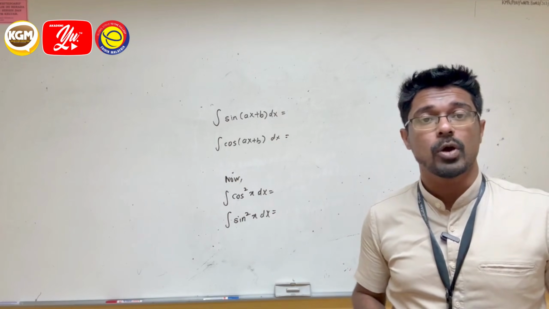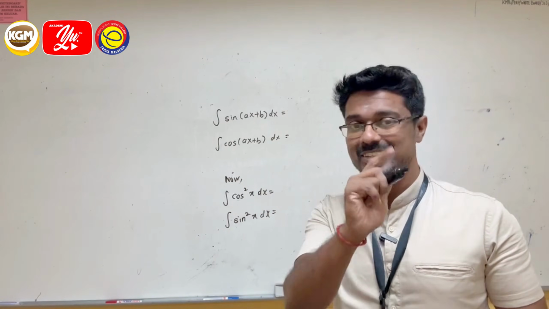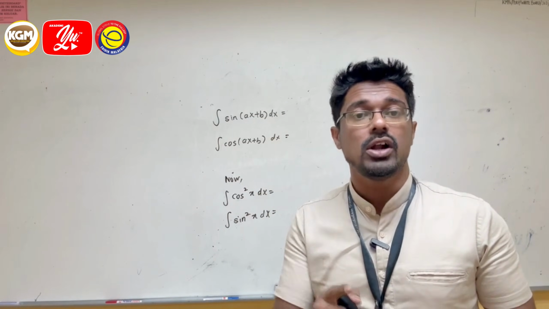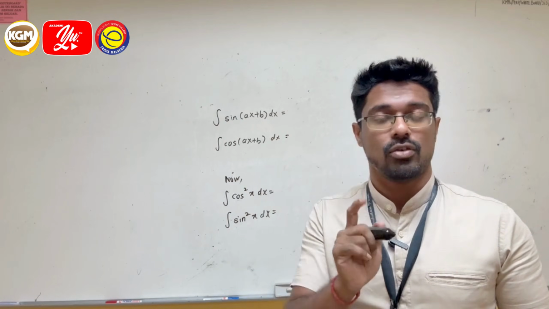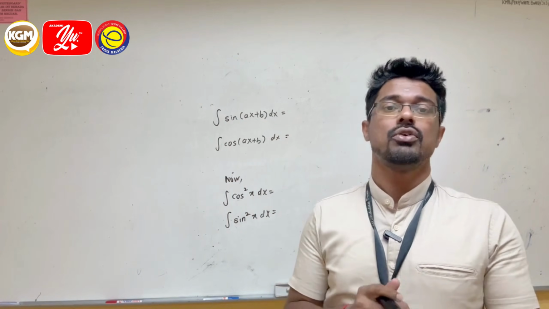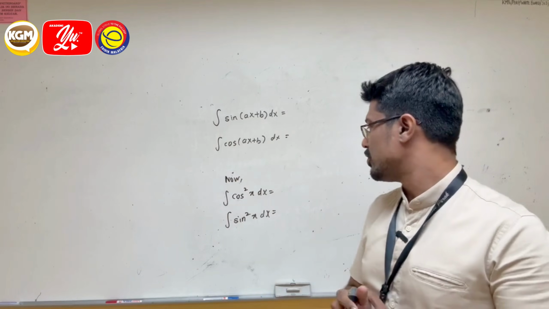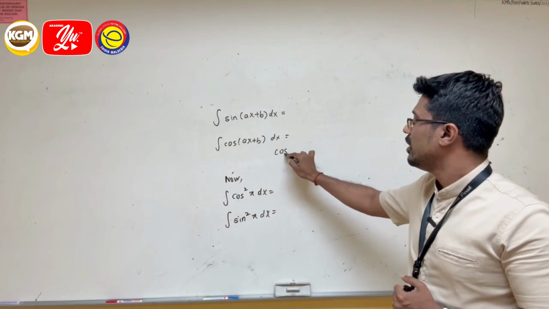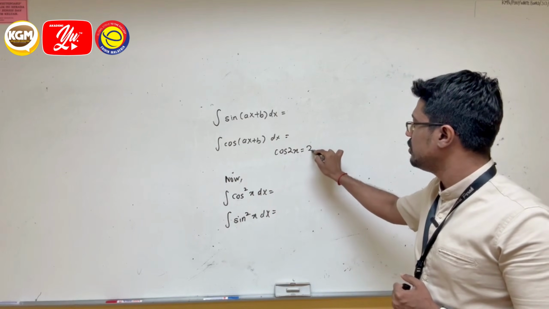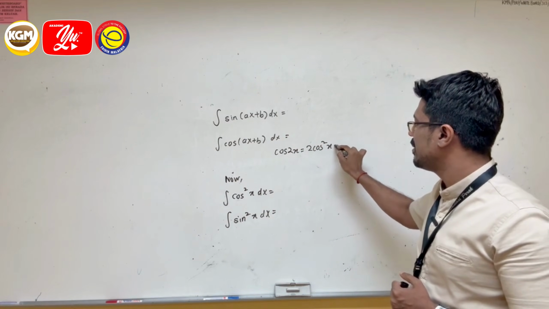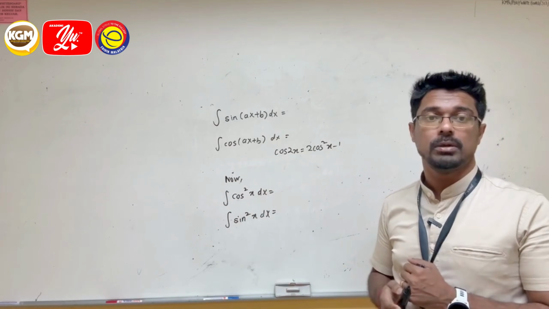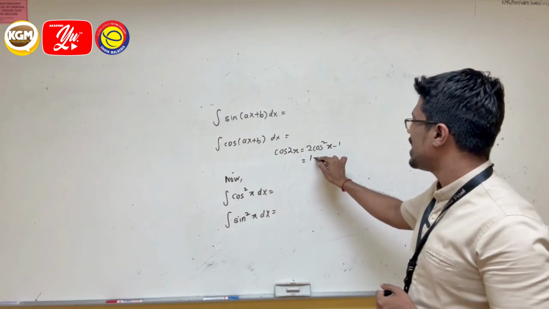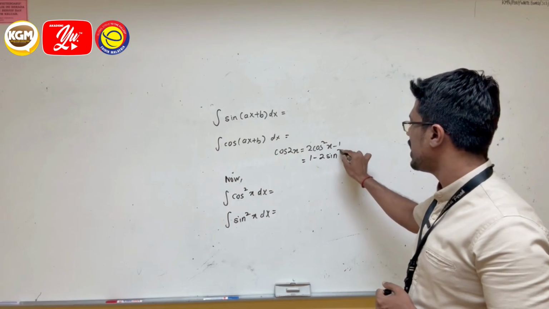The way we do this is very simple. You need to recall the double angle of cos. In case you don't remember the double angle formula, let me remind you: cos 2x equals 2 cos square x minus 1. So that is one formula. The other one is 1 minus 2 sine square x.